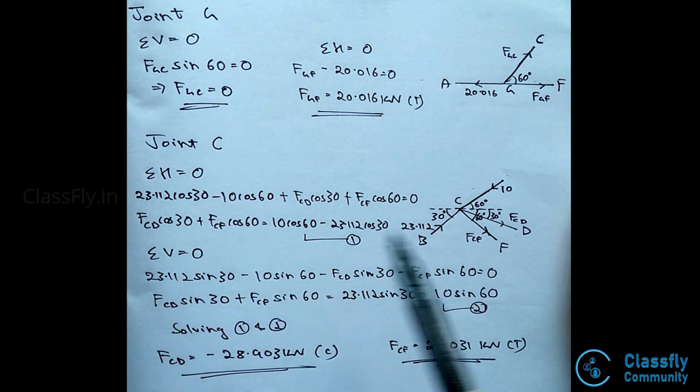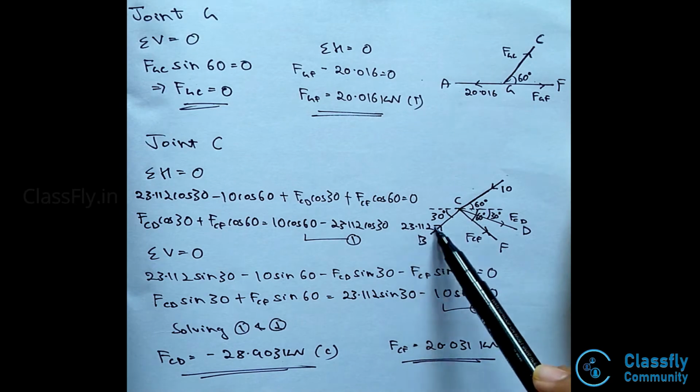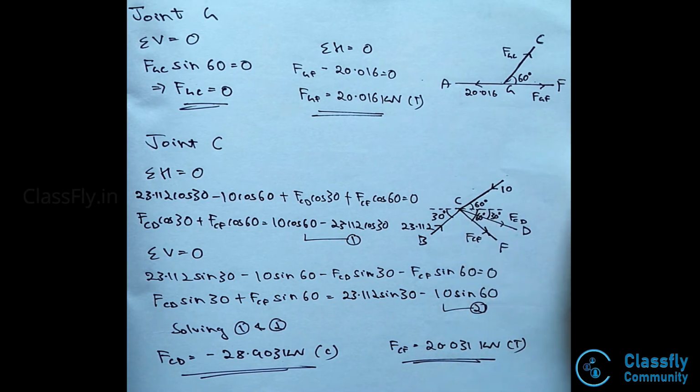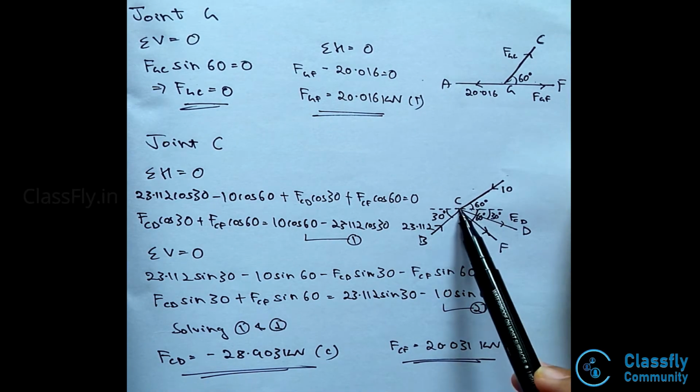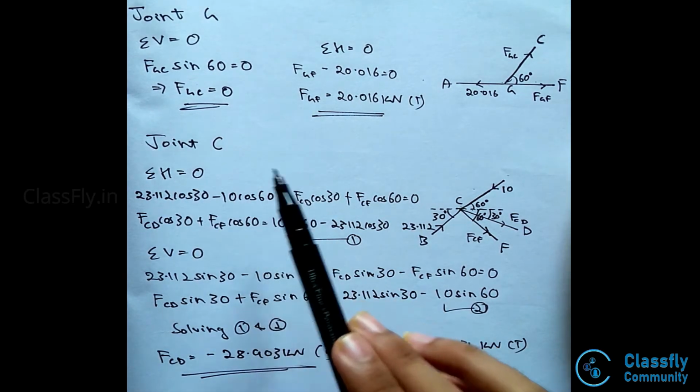Now consider joint C. Here, the forces FBC that is 23.112, the 10 kilonewton load acting at an angle of 60 degrees, force FCD and force FCF will be acting at the joint C. Hence, summation H is equal to 0.